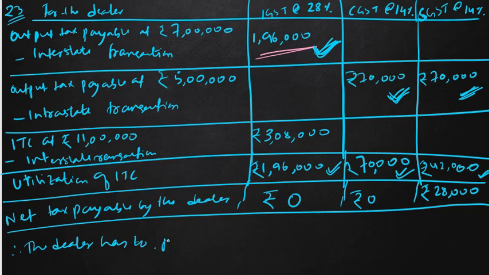You can write this line, or you can also mention that therefore the dealer has to pay SGST of rupees 28,000 only, and there will be no IGST and CGST because he has already cleared it. He has utilized the ITC to clear all that amount.